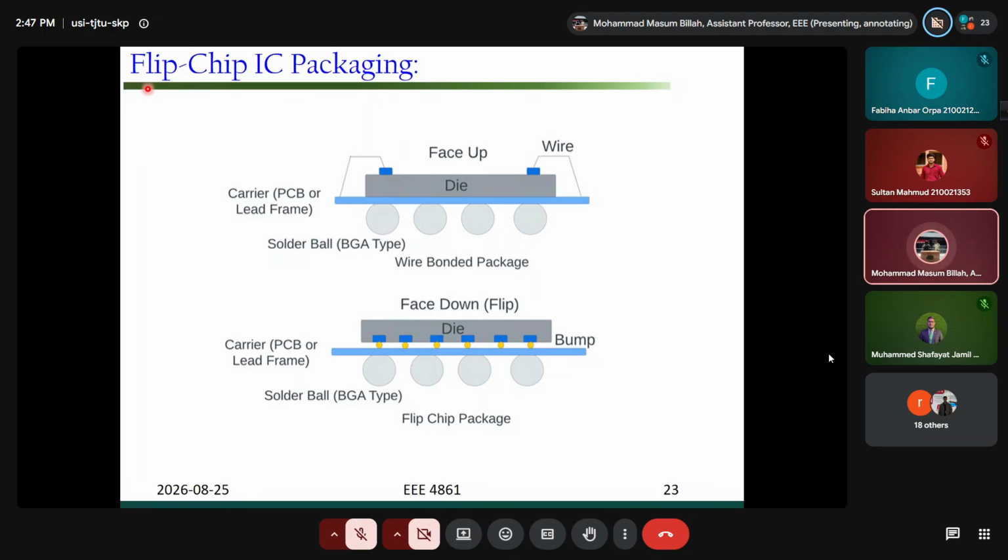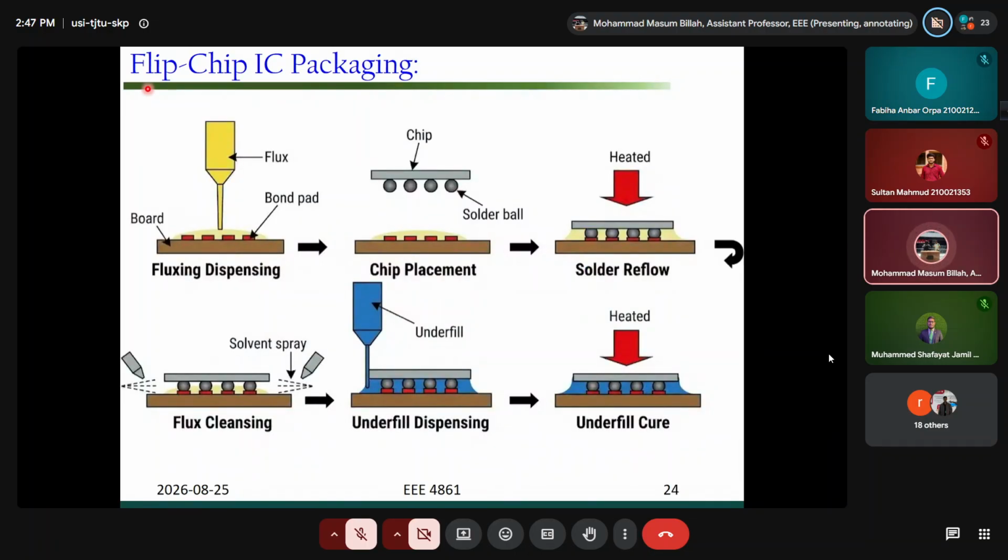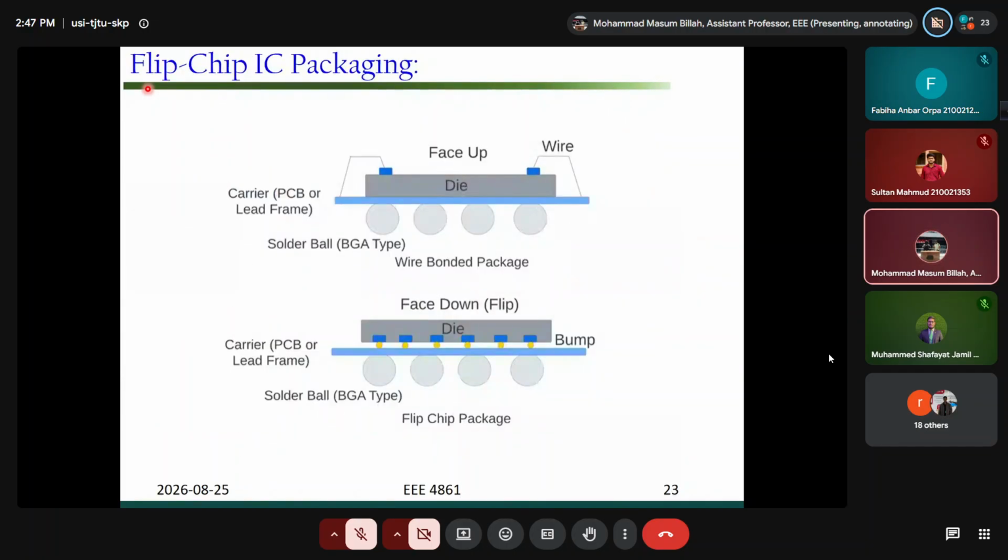Because if you see here, the bond and the ball grid array, they have a connection, right? So this kind of connection, the gold plated connection, using some sort of metals called gold or some other metals, is complicated. So you should be very careful to explain those topics.